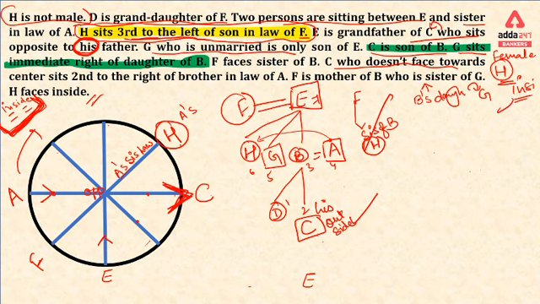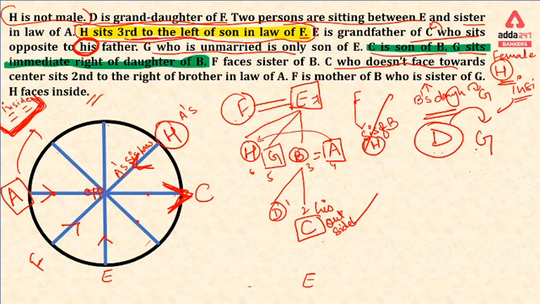H faces inside, so we make this as inside. The married couples F and E face inside. It is clear here. A is a married person, so here it is written down B's daughter. Who is B's daughter? D is B's daughter. G sits second to the right of B's daughter.